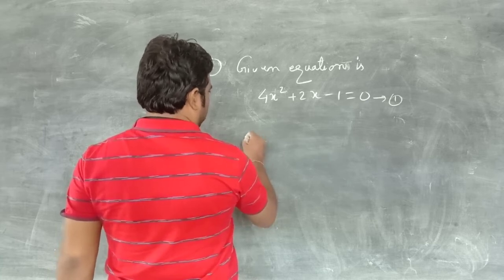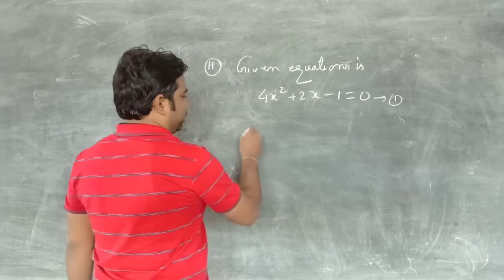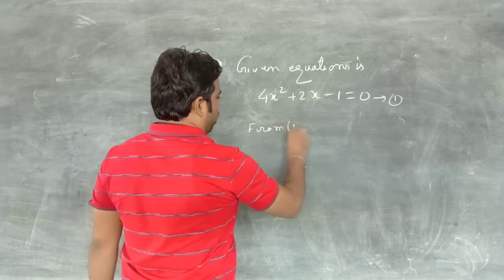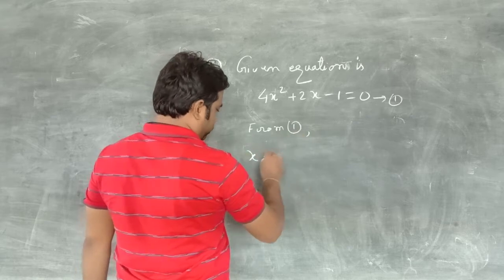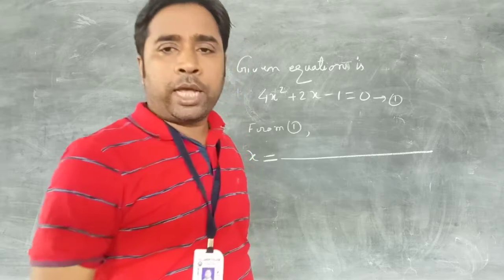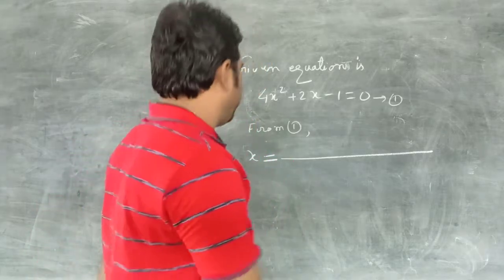Now alpha equal to x, from the formula x equal to minus b plus minus root over b square minus 4ac by twice a.